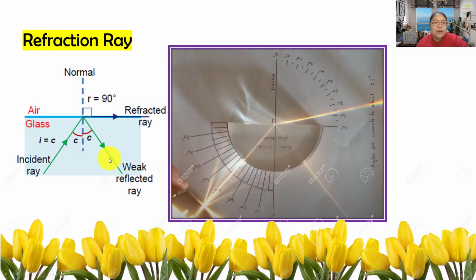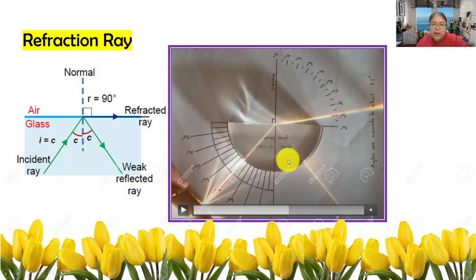Okay, now we go and look at the refraction. When I create the critical angle, R becomes 90. You can see the angle keeps increasing as I adjust the incident ray, so the refracted ray gets closer to the glass block until the maximum.